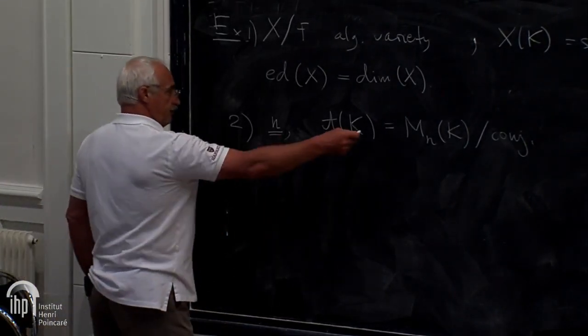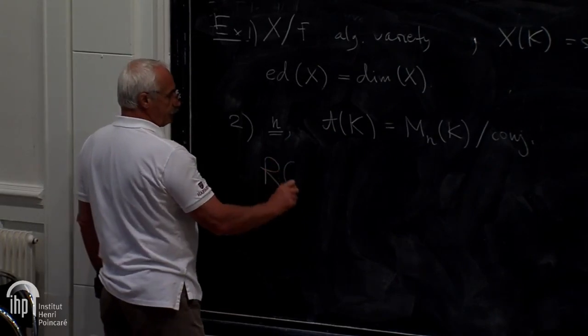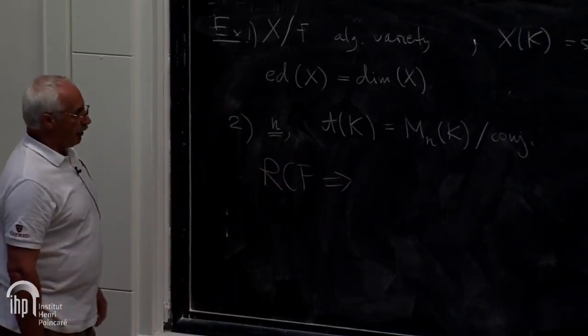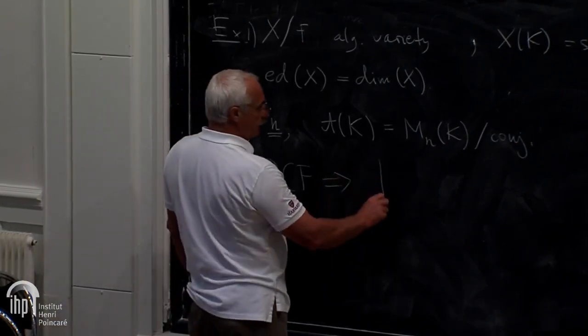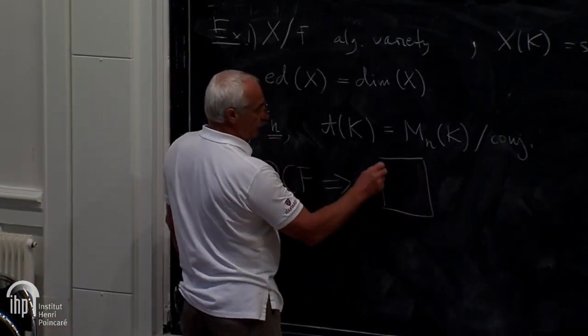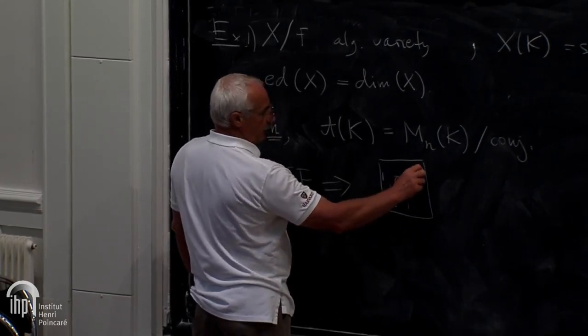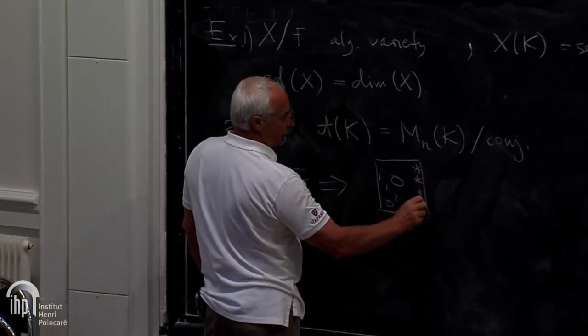But in general, for this functor, the rational canonical form shows that every matrix is a block diagonal matrix with companion matrices on the diagonal of that form, so 1 below the diagonal, and 0 everywhere but in the last column.